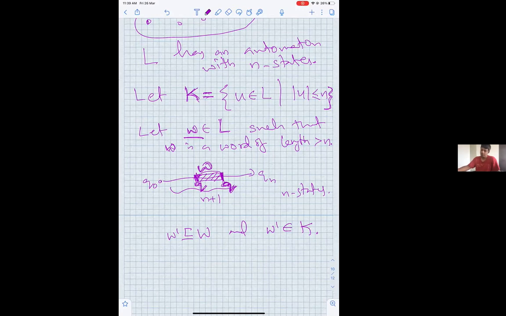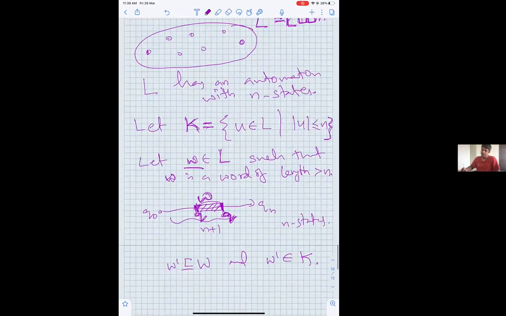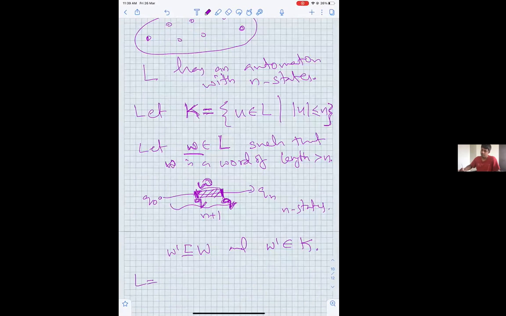And therefore, I can write L as a union of simple languages of words from K. That is one proof that I can actually write it as a union of simple languages from a finite set of words.